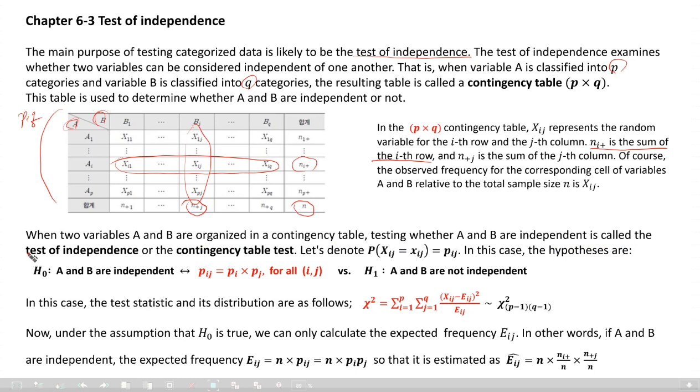When two variables A and B are organized in a contingency table, testing whether A and B are independent is called the test of independence, or contingency table test, or some people say chi-square test because it is a famous one. Let's denote the random variable X_ij equal to small x_ij with probability p_ij, like p_11, p_1j, p_i1, p_ij.